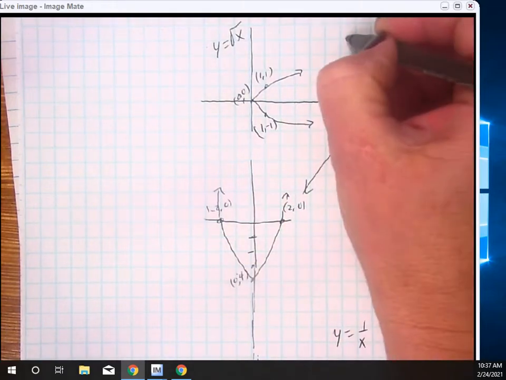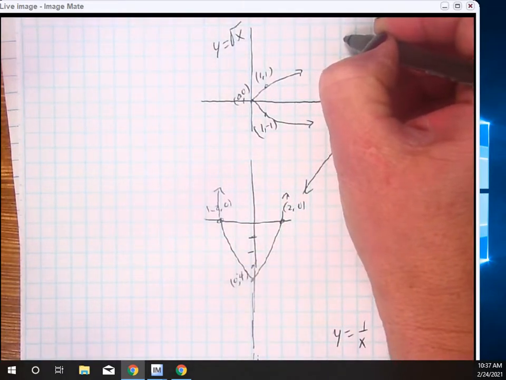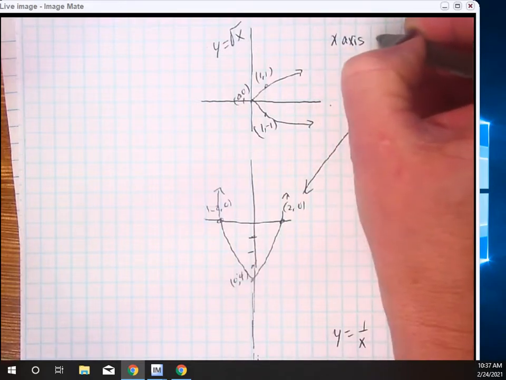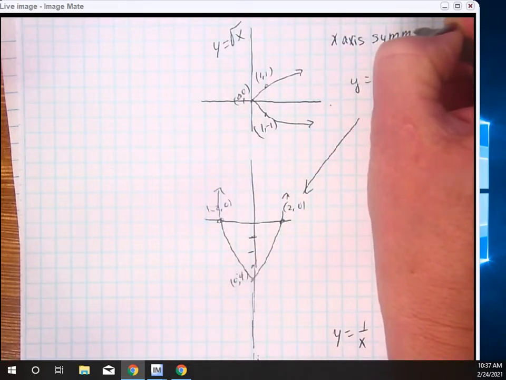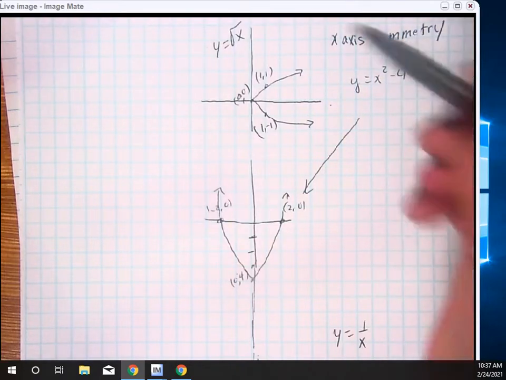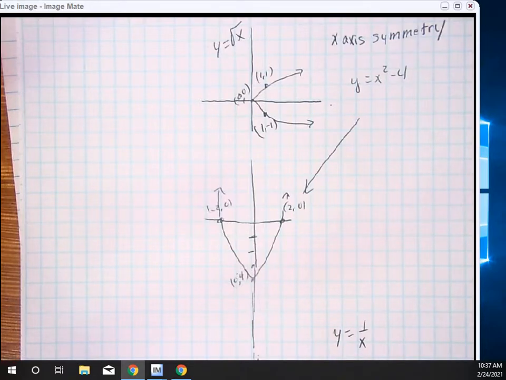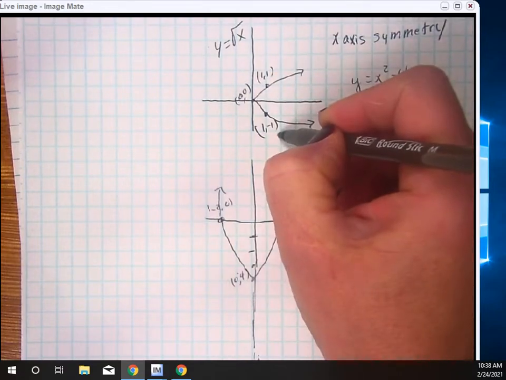So this is symmetry with respect to the x-axis, or x-axis symmetry. On the values, when you're looking at those points, which values change, the x's or the y's? The y values. 1, -1. Those are different.